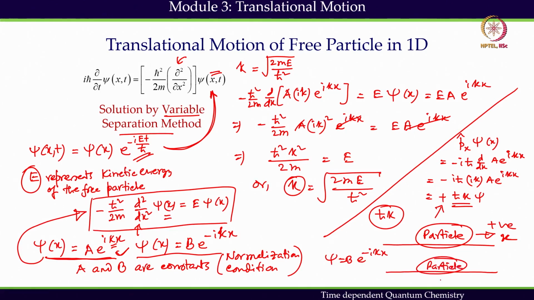Actual shape of the particle is still unknown, but we are just encircling the whole word and then showing it moving in negative x direction. So these are the two different forms of the particles, either way it's moving, and that's the representation of these two solutions.